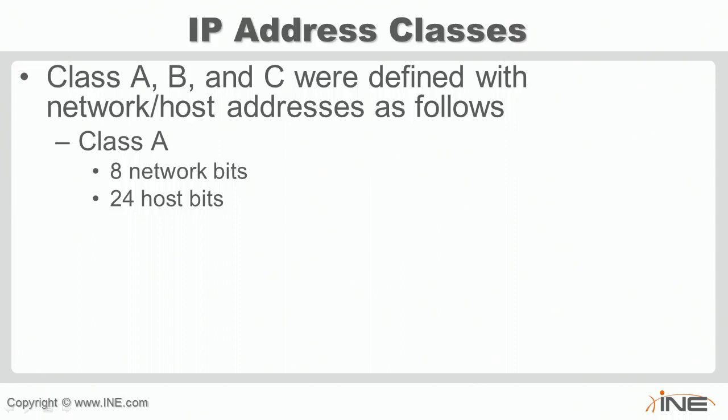Now, it doesn't really make sense that you would have 16 million hosts on the same network. So we'll take this number and subdivide it into the subnetworks or the subnets, which are going to break it down so that there's less number of hosts per segment. But originally, this is what the specification said, that the class A addresses are going to have 8 network bits, 24 host bits, which means you could have somewhere around 16 million hosts possible.